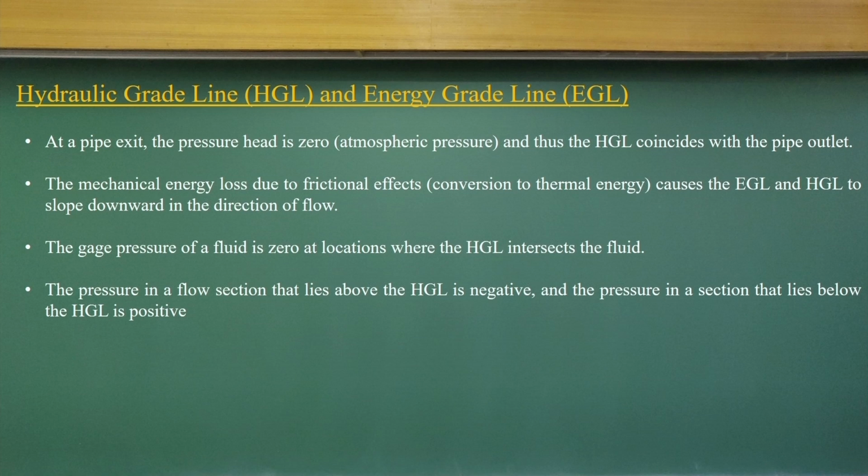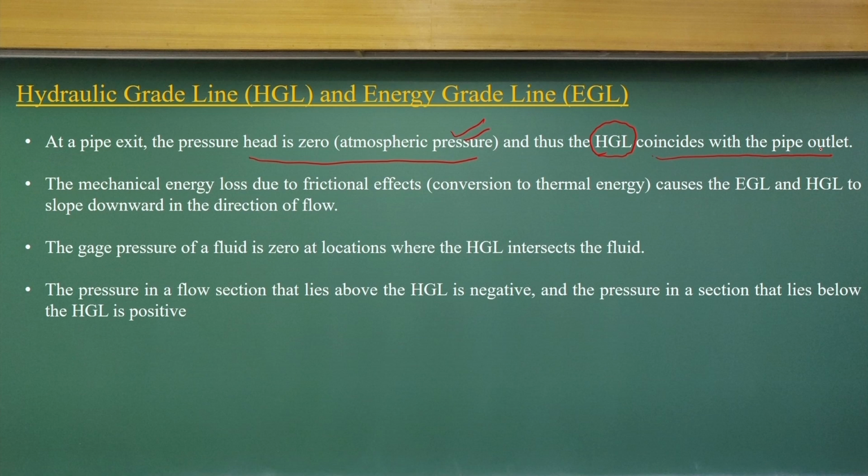Now, very basic things we should understand. When you have a pipe exit, that means flow is going out, the pressure head becomes atmospheric, no doubt about that. That is the reason the hydraulic gradient line coincides with the pipe outlet.